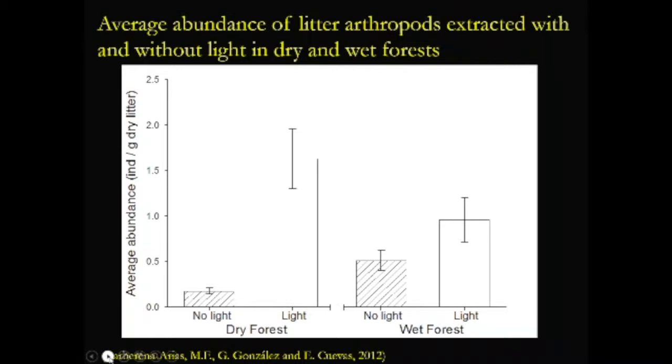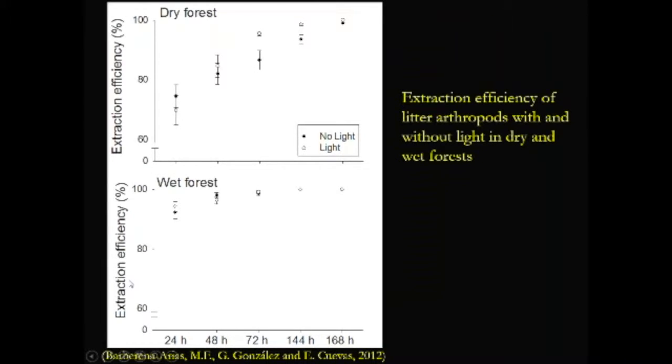And if you compare the extraction efficiency in these two sites and the two methods, you see that in the wet forest, once you expose those animals to that harsh environment created by the gradient, in 24 hours you have more than 90% extraction efficiency, and by 2 days, 48 hours, or even 3, you're very close to 100% extraction efficiency.